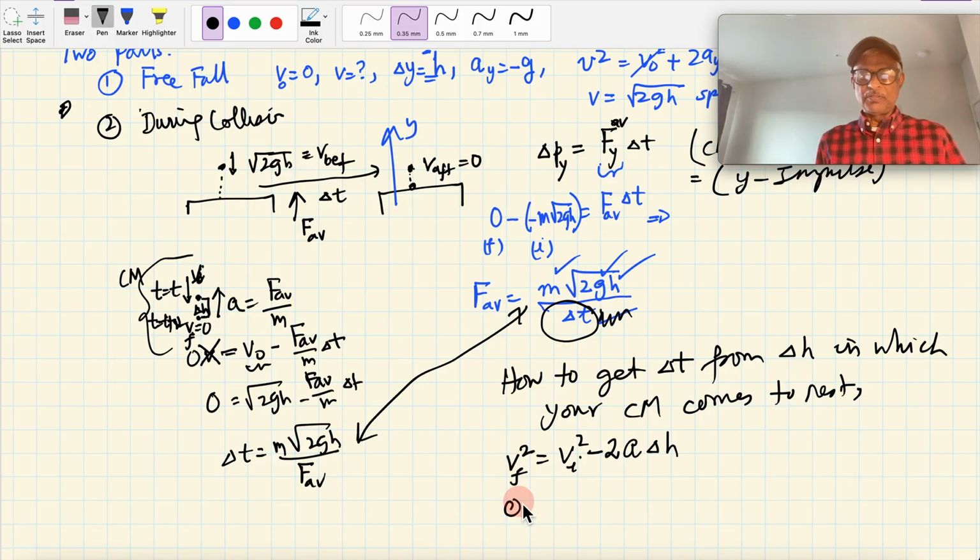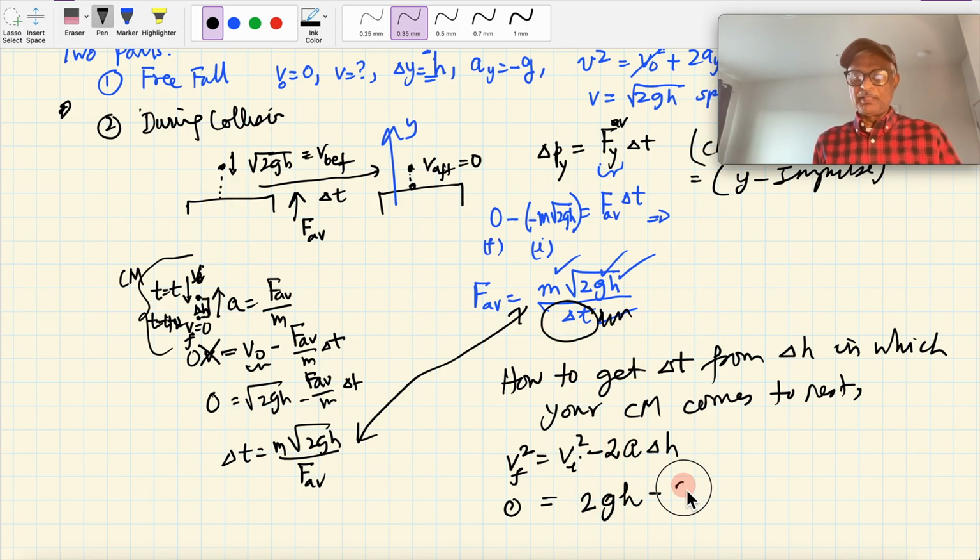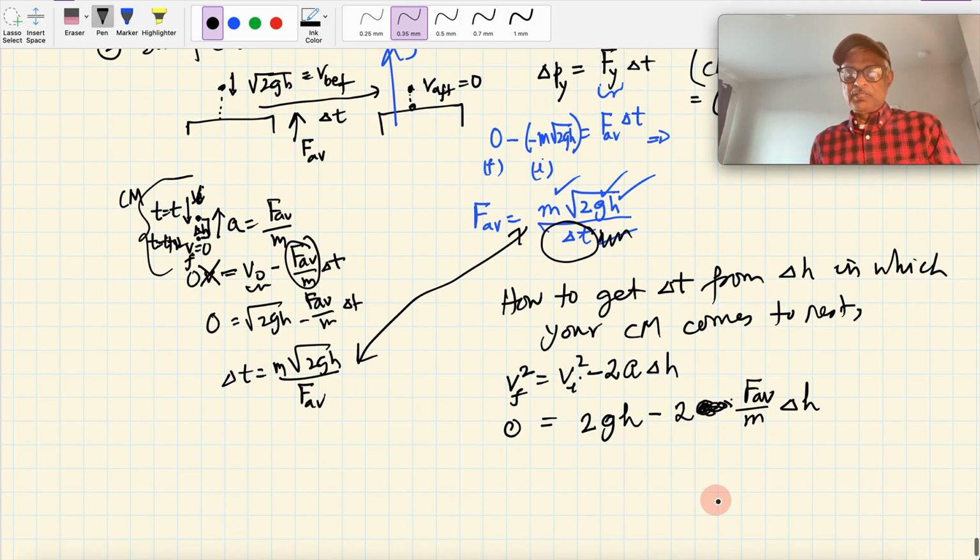So 0 equals v initial squared, which was 2gh from before, minus 2 times a, which is F average over m, times delta h.